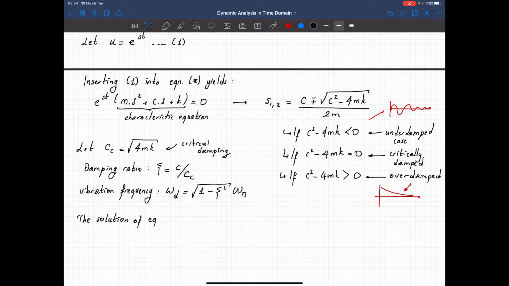So with these definitions, the solution of equation star, of course, we are writing it for an underdamped system, is: u of t is equal to e to the power minus xi omega n t.